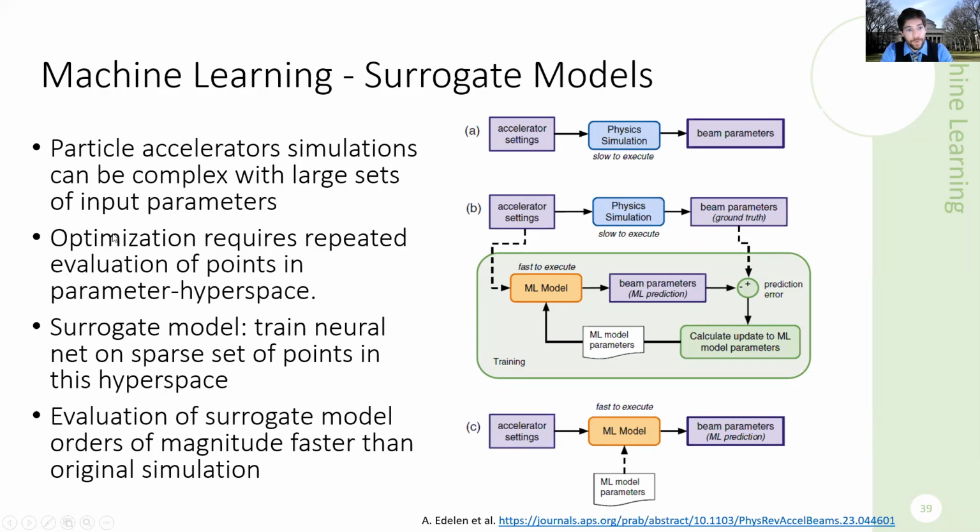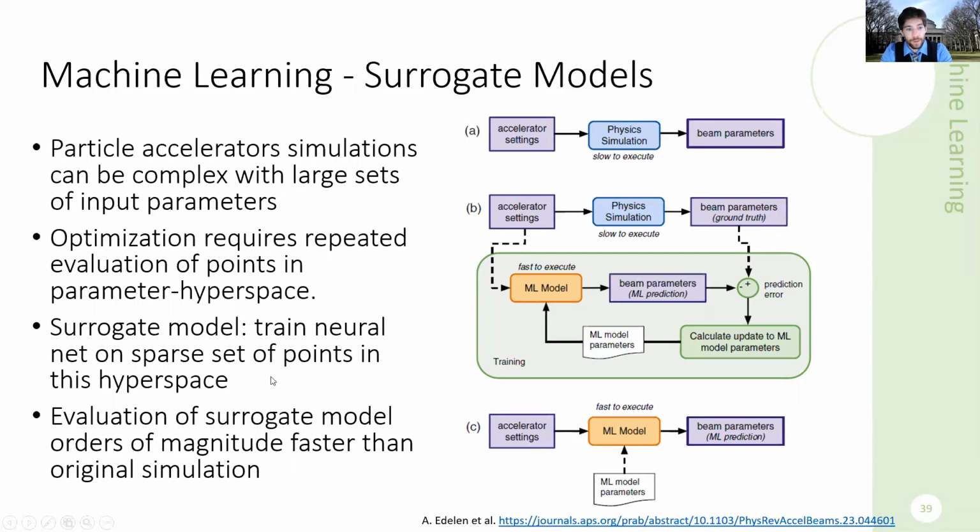If you want to optimize your design, that requires repeated evaluation of points in what could be a very large parameter hyperspace. So it might be that you have tens or even 100 or so input parameters that will, after the simulation is run, lead to some output parameters, right, that you want to optimize on.